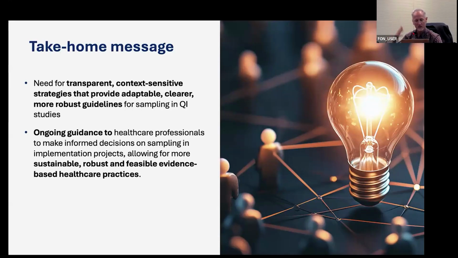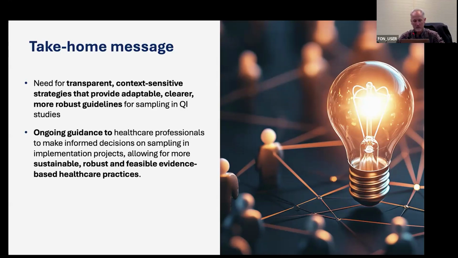So strategies that are adaptable, clearer, leading to good quality guidelines, this will really advance science in our field. We're not there yet, but we would like to be there. And if we can move beyond identifying the need to developing solutions together through a combination of good academics and good clinical partnership, then we can develop the guidance that helps ourselves, our colleagues, and future health professionals to make really well-informed decisions on sampling in implementation.